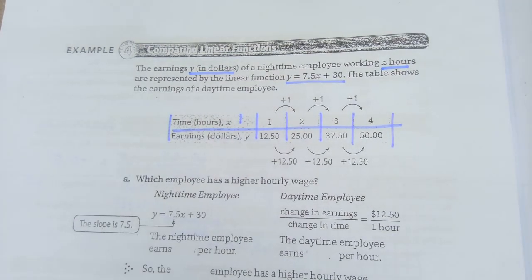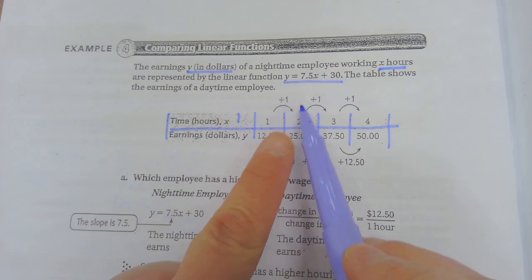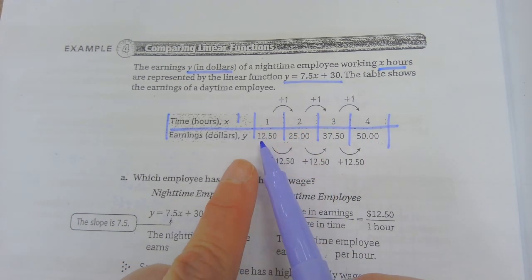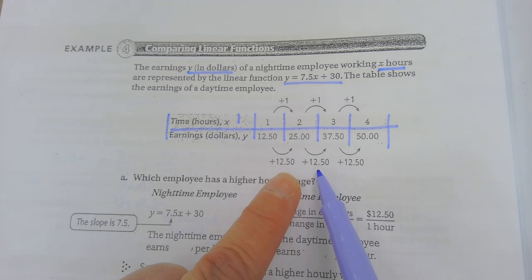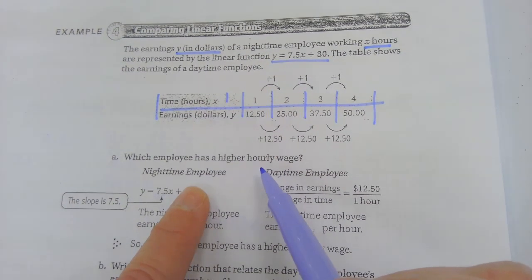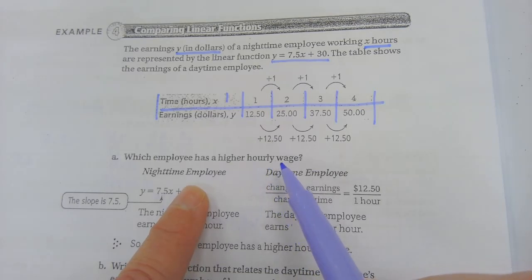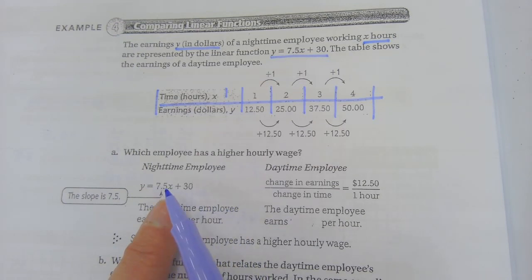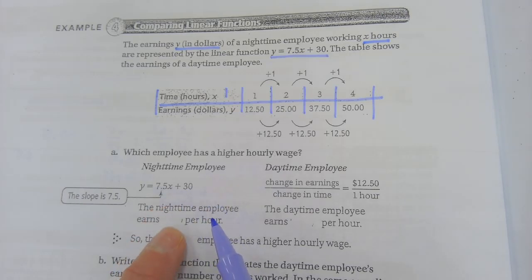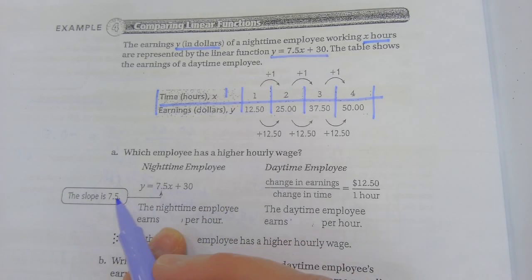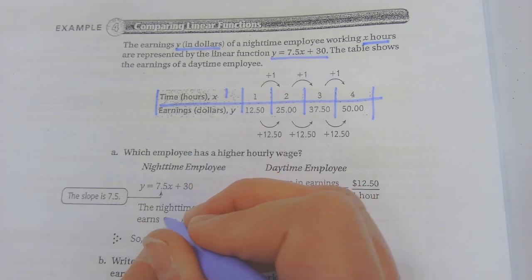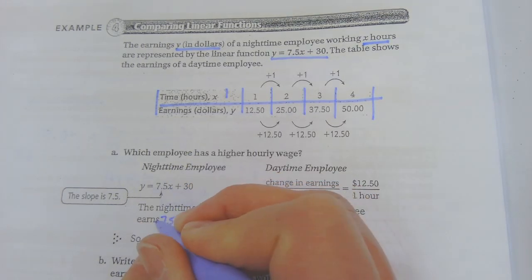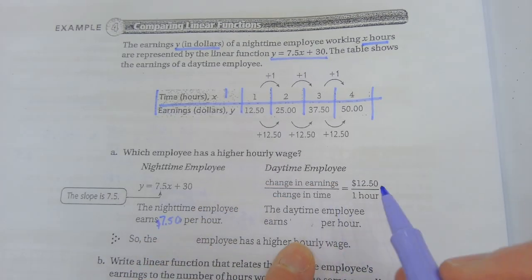Okay, so we have this table, and we can see that each time our x increased by 1, our y increased by 12.5, or $12.50. So which employee has the higher hourly wage? Our nighttime employee, y equals 7.5x plus 30. Since the slope is 7.5, that means it's $7.50 per hour.